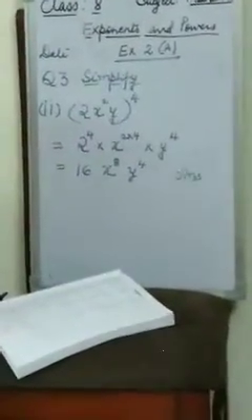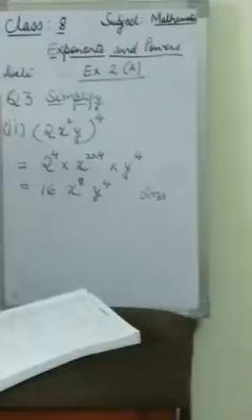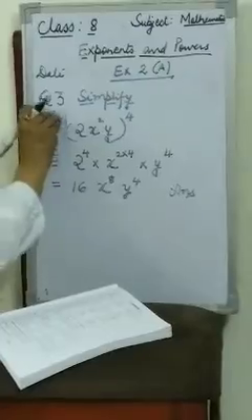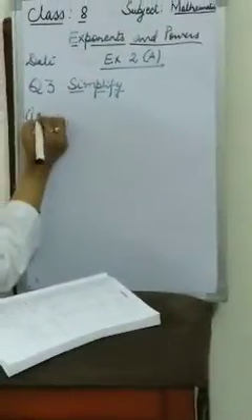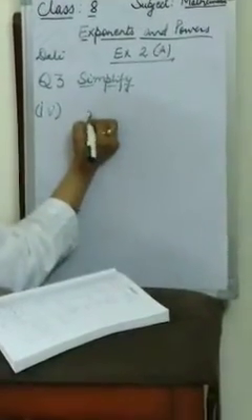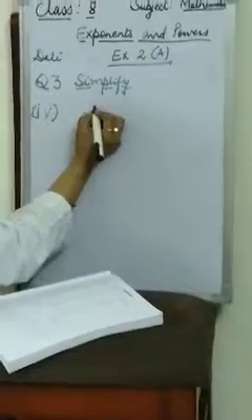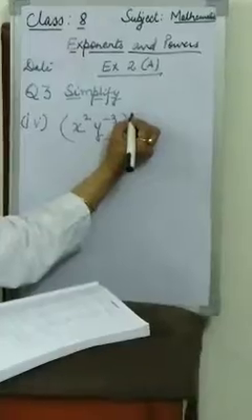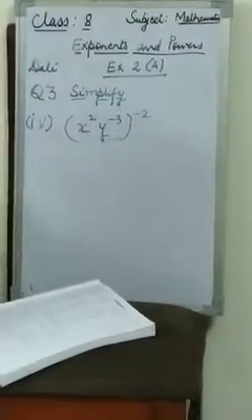I consider the next bit of it, that is the fourth bit I am going to consider. What is mentioned in the fourth bit? x square y to the power minus 3 and whole has power minus 2.